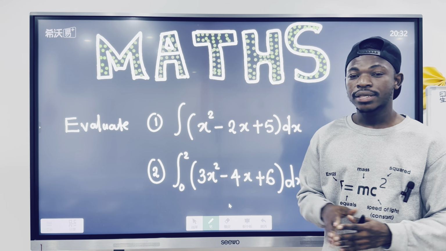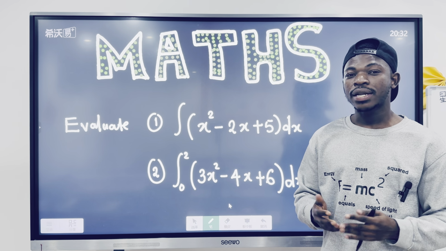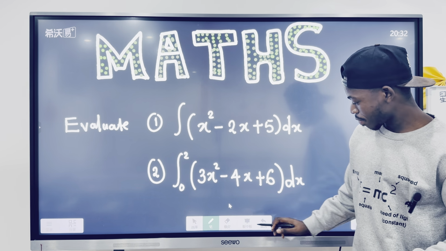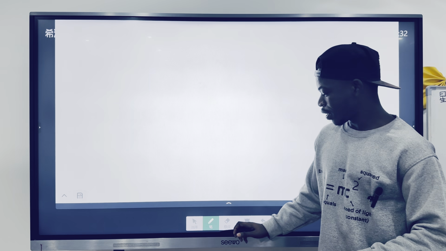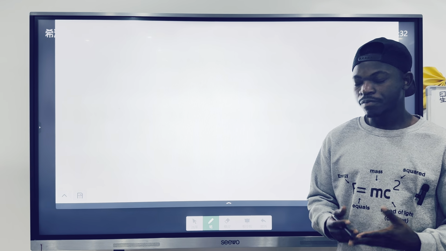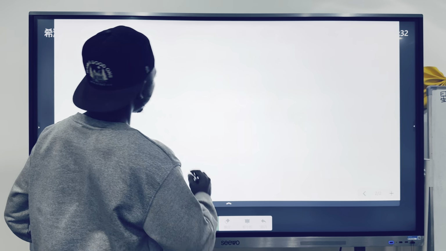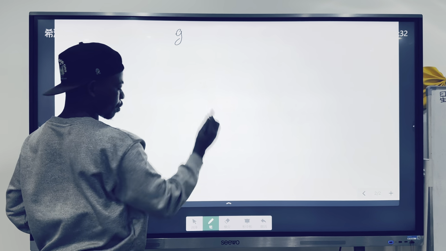So before we can answer these two questions, let's just first of all understand something about how we can integrate simple functions. So let's suppose we have a function.